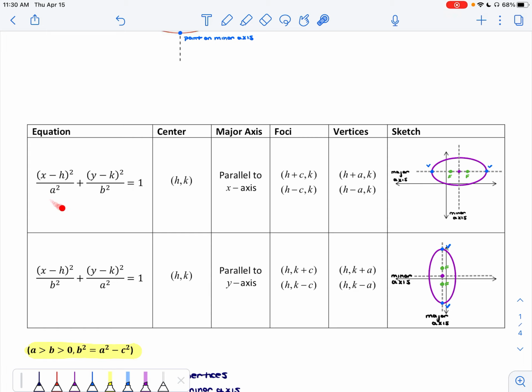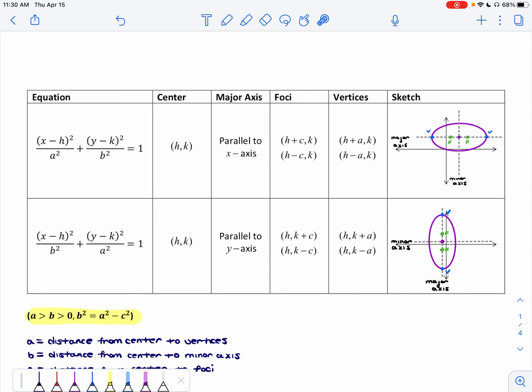If a and b were the same number, then you'd just be looking at a circle. Okay, now one condition that we have to satisfy with ellipses is that the a value is always greater than the b value. Okay, a is always greater than b.